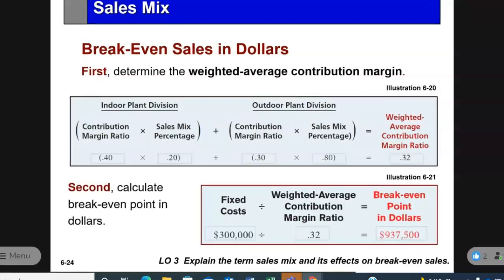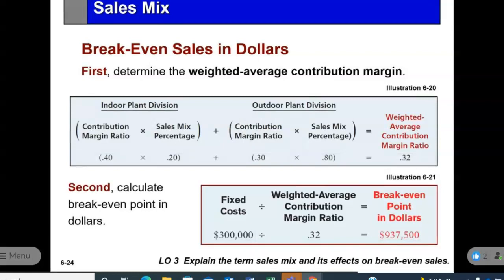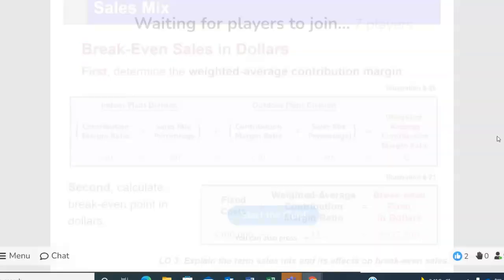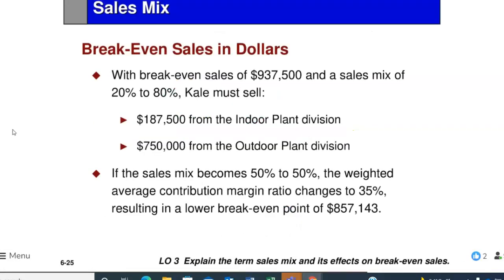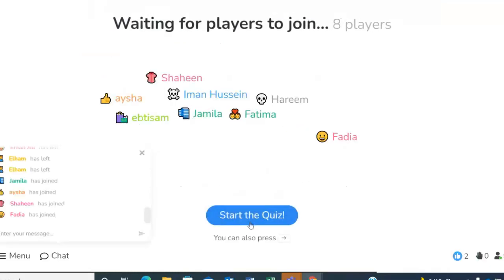The indoor one has the higher contribution margin ratio. So if sales mix goes from 20% to 30%, the higher contribution margin ratio product is being sold more, therefore the break even goes down.